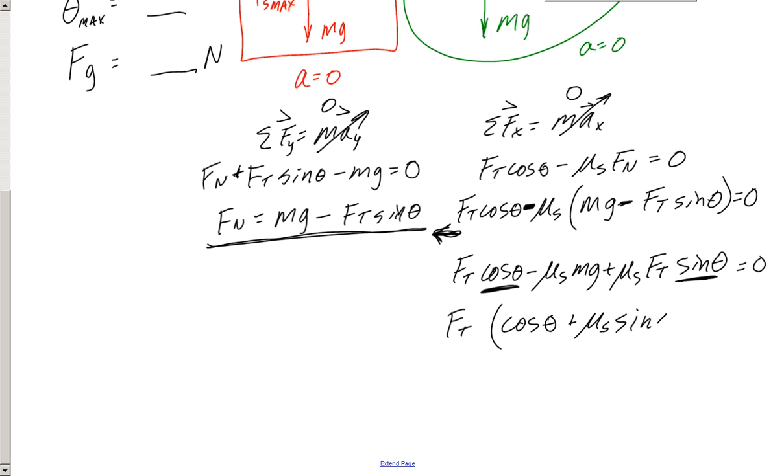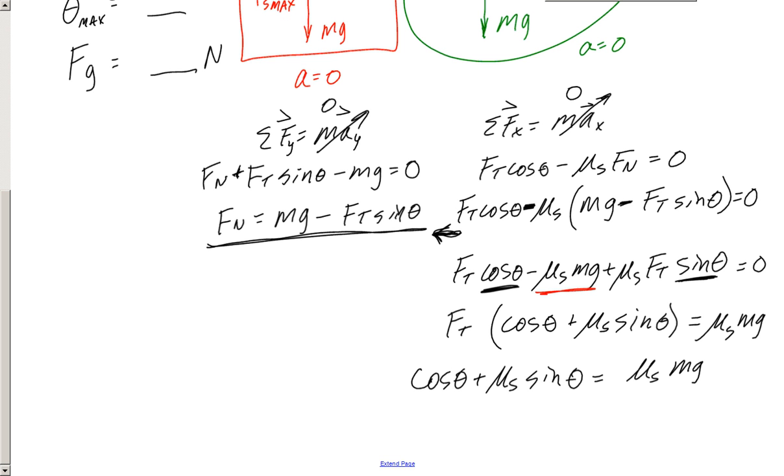Then the mu static mg here, just toss that on the other side. Now, let's solve it for cosine theta plus mu static sine theta, which equals mu static mg over Ft.